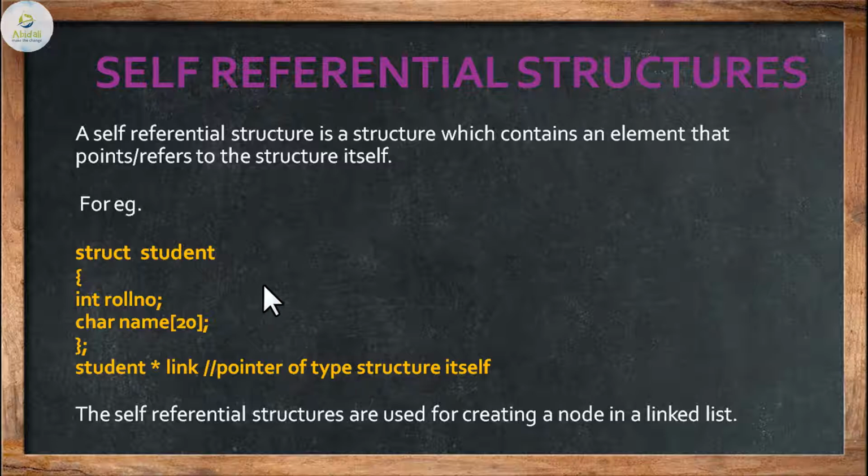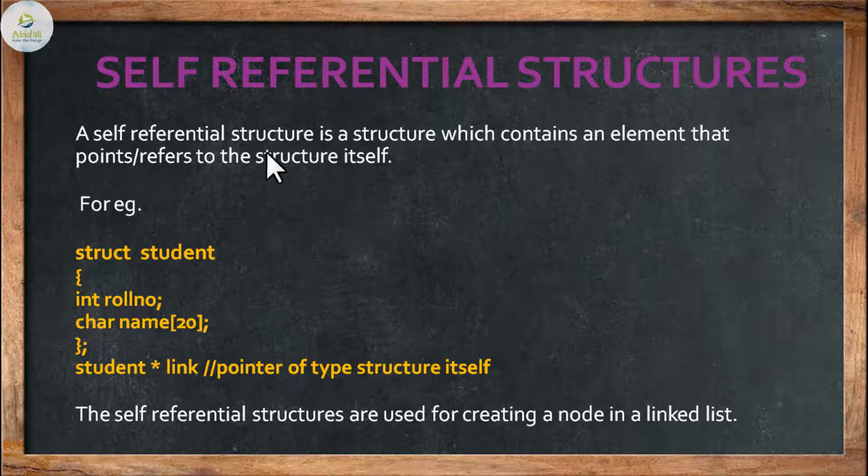So talking about the next concept, that is called self-referential structures. Now what do you mean by self-referential structure? Self means to itself, to the same kind. Referential, referring to its own kind. A structure is a collection of heterogeneous elements, that is, elements belonging to same or different kinds.